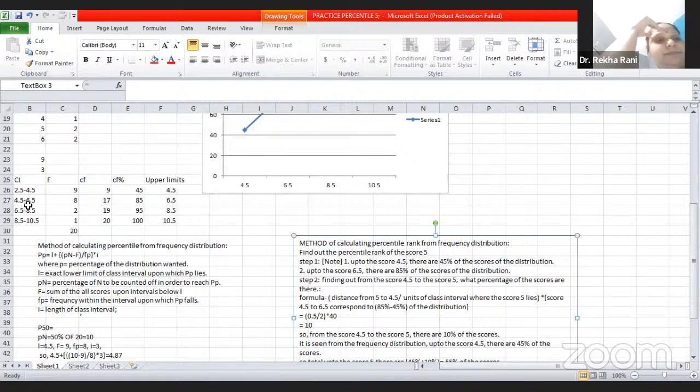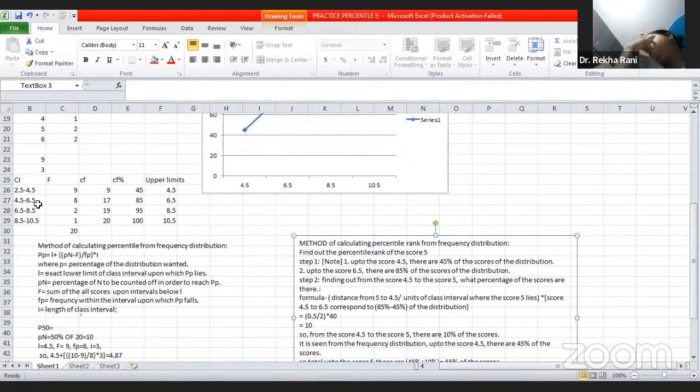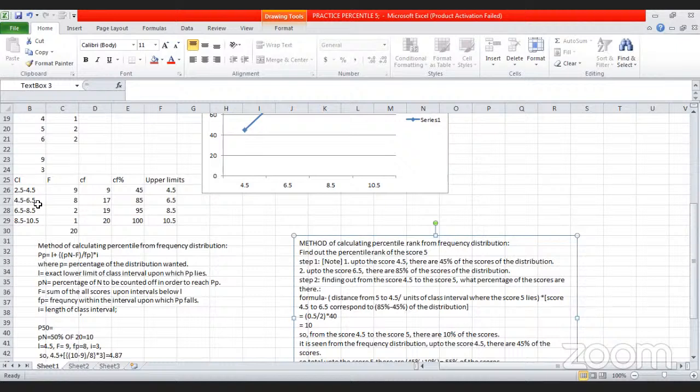Yes. So the units of the class interval means 6.5 minus 4.5, that is 2. Okay. Clear.